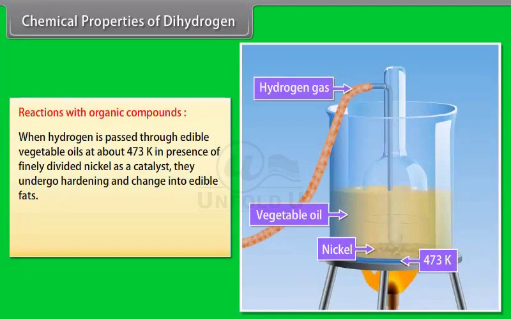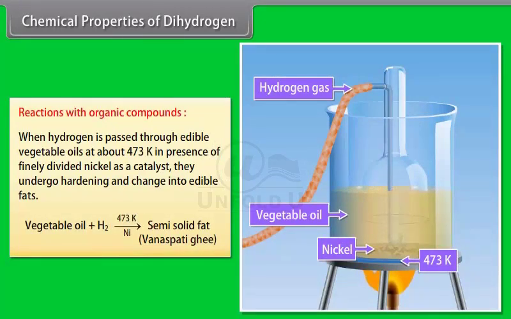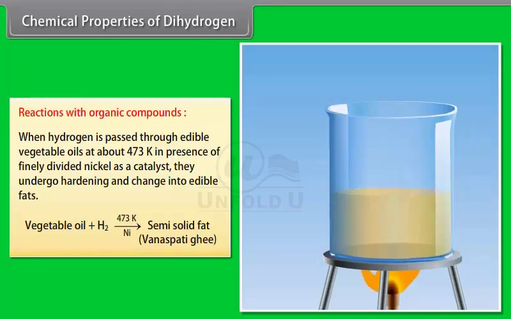When hydrogen is passed through edible vegetable oils at about 473 Kelvin in presence of finely divided nickel as a catalyst, they undergo hardening and change into edible fats.